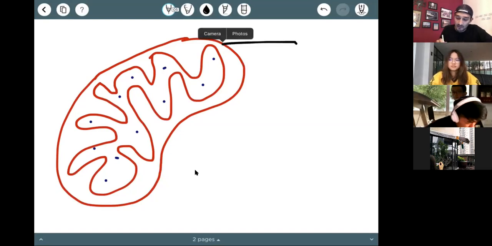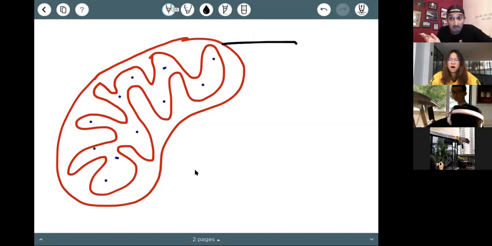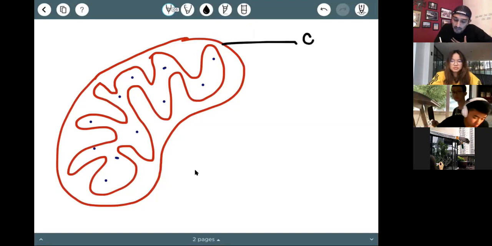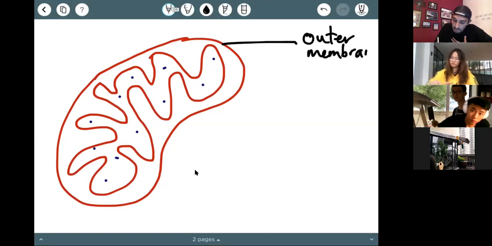What is this outer covering called? Anyone have a guess? Oh, it's a double cell membrane, right? It's a membrane, so we're going to call this the outer membrane. Wow, now it becomes simple. It was called phospholipid.